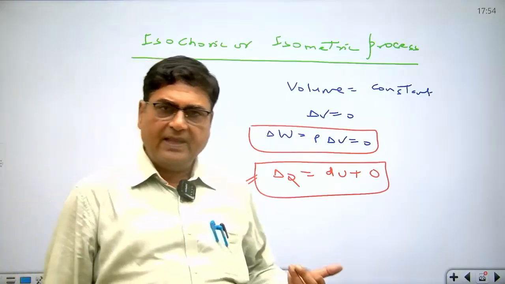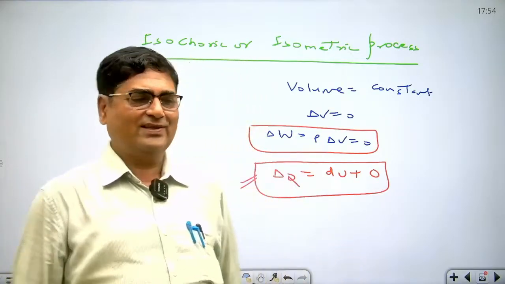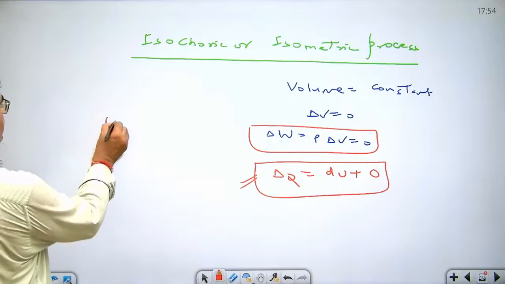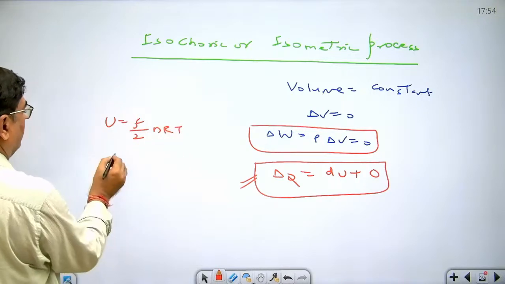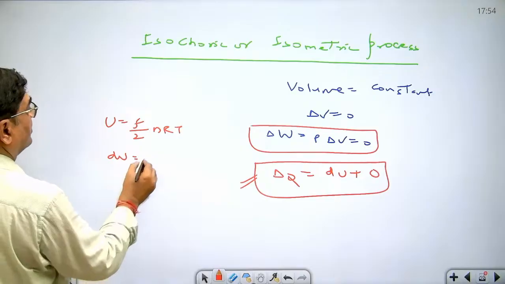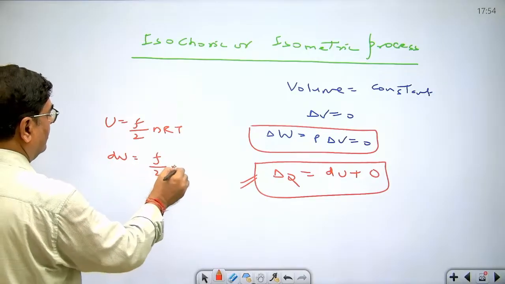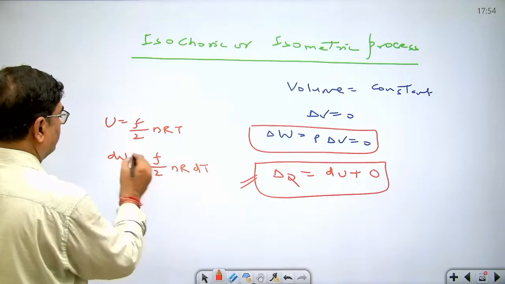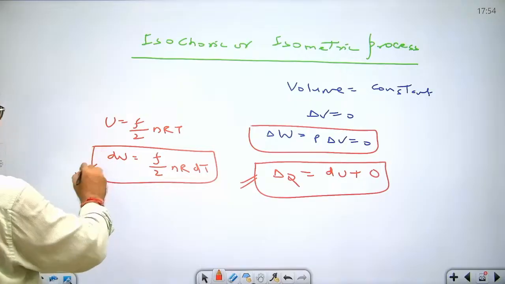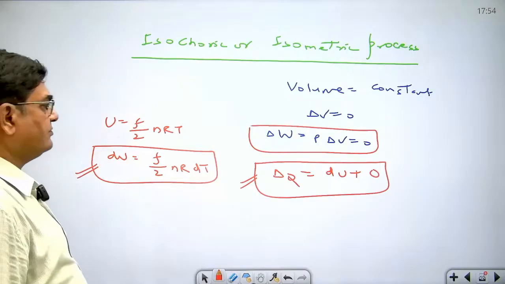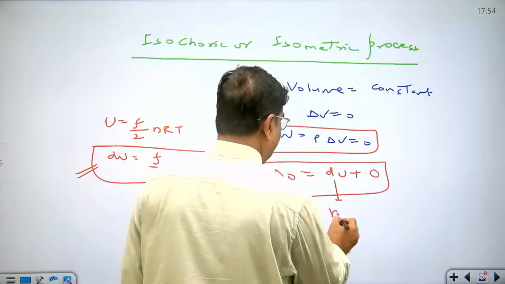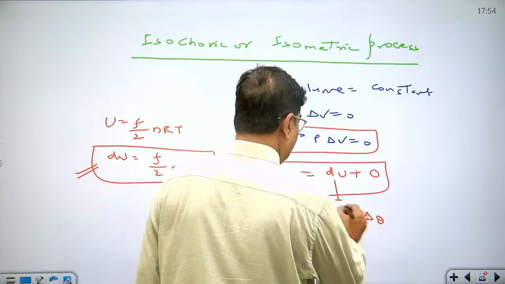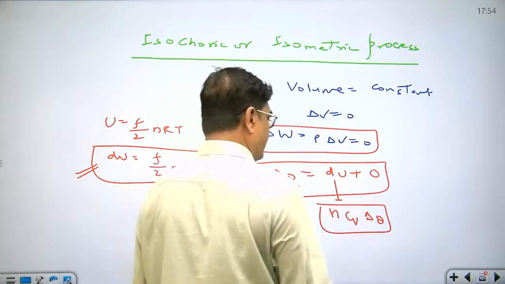Means if we are supplying heat, temperature of the system will get increased. General equation of U is f by 2 nRT. So general equation of dU is f by 2 nR dT. This is the general equation, okay? dU can be written as n Cv delta T, same thing, okay?